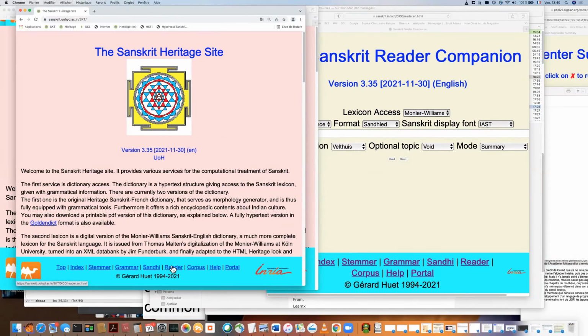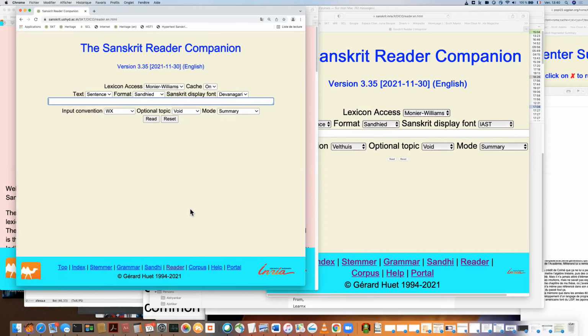Let us check that. Yes, see, when you're going into the reader on this mirror site, then you get by default access to Monier-Williams. Okay? So now, if you enter that, then this will not work, yes, because you're not in the right input convention. Here, this is WX, okay? So you have to input it the WX way, and it will display Devanagari by default here.